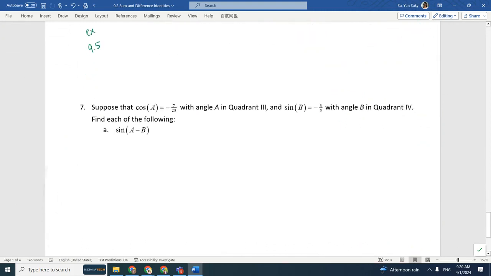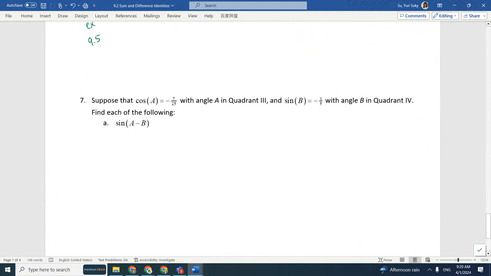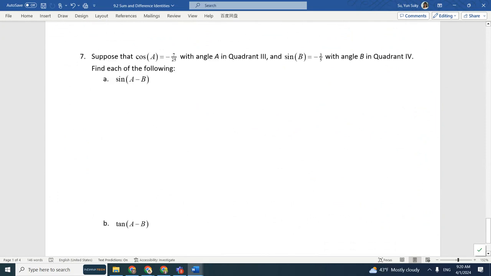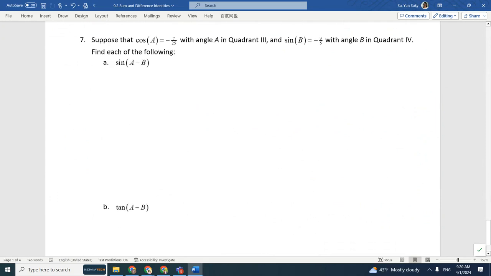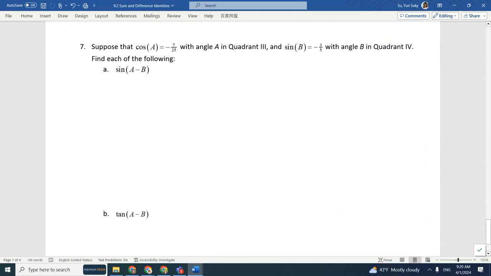And then number 7. Do you see number 7 is very similar to our problem? You're given cosine A, and then you're given sine B. Then you can also separate into the 3 cases. So I give you cosine A, you can find all the other trig functions of A. And then I give you sine B, you can also draw the point on the xy plane and find all the trig functions of B. Then you plug into the formula to find sine of A minus B and tangent of A minus B. So it's going to be the same method.